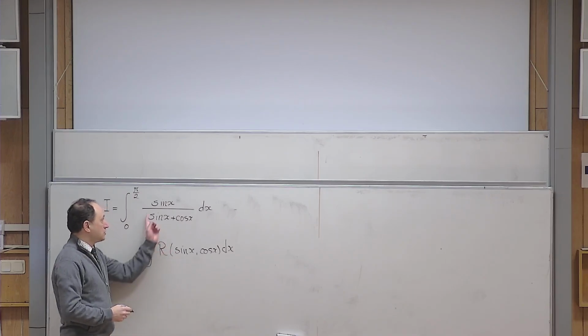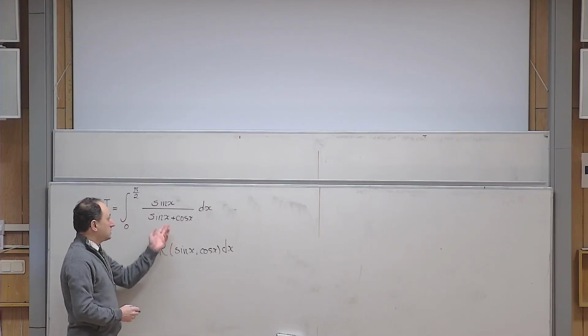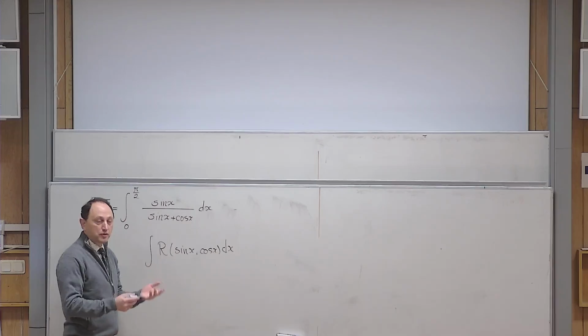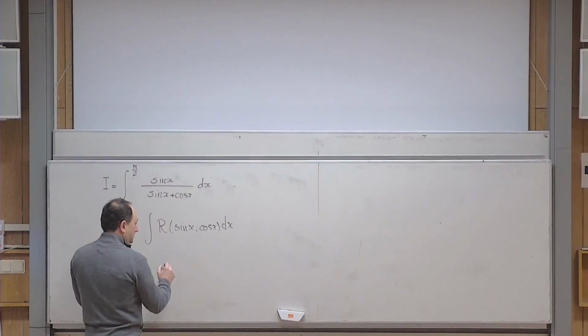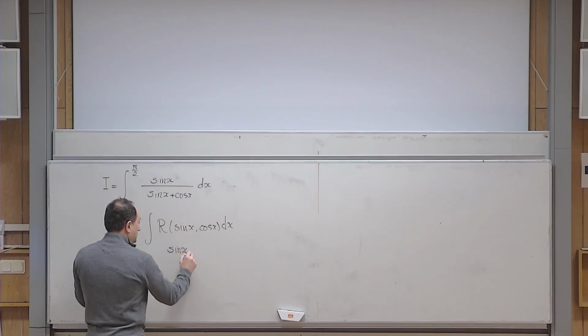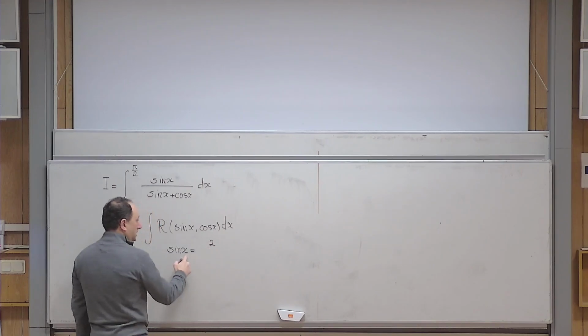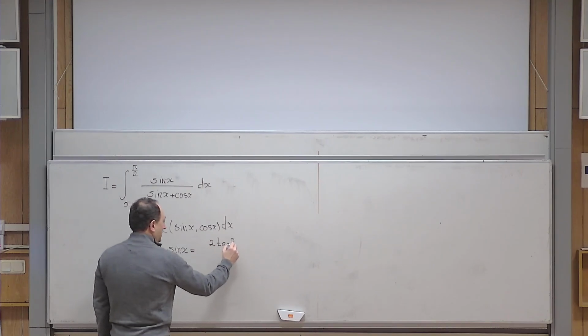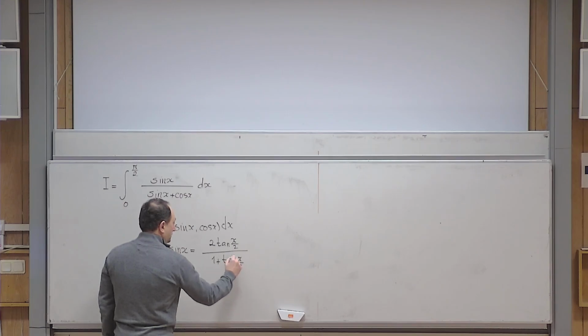Okay, and then you see that this function is a function of sine x and cosine x. And I knew that if I have an integrand like this, in principle, I can introduce a substitution variable, but of course I have to use trigonometric identities: sine x can be written as 2 tan(x/2) divided by 1 plus tan(x/2) to the power of 2.